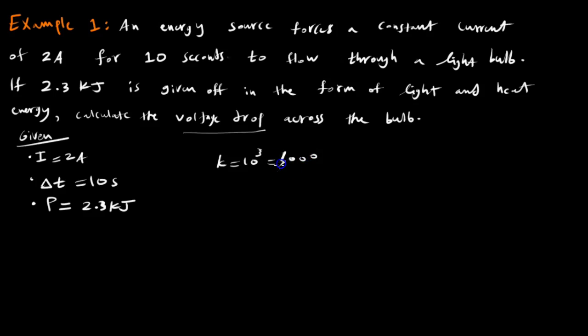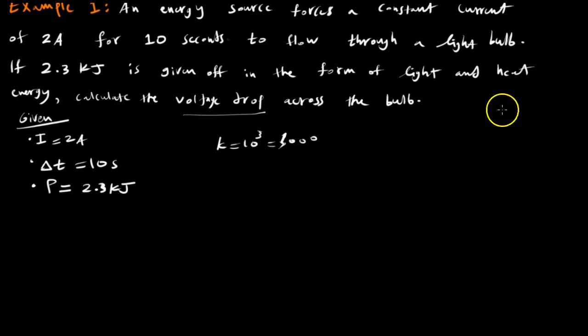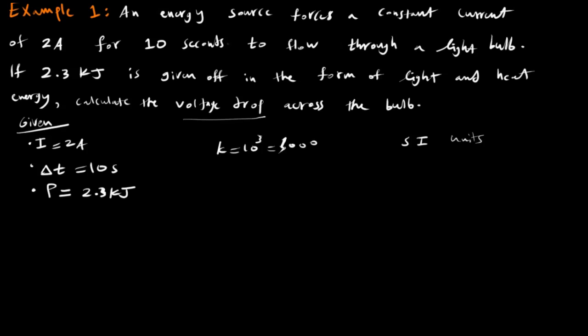I would suggest that you get familiar with the prefixes for SI units, System International units, for example meter and all that, and get comfortable with the prefixes. Mostly for this class we'll be using kilo, micro, and sometimes mega or pico.